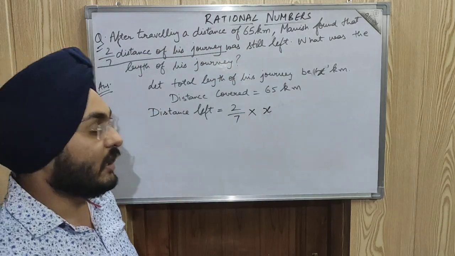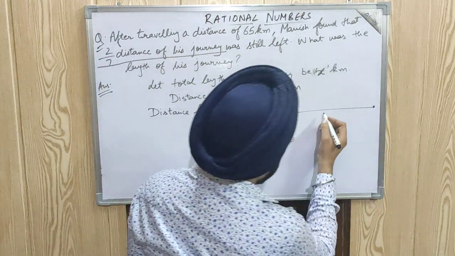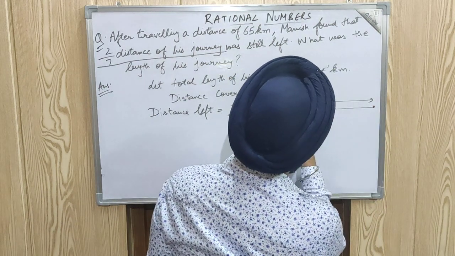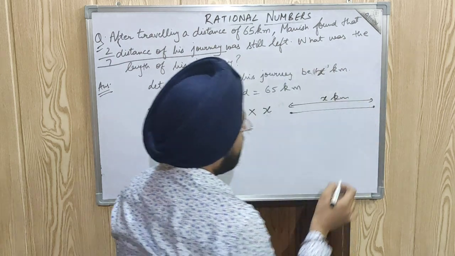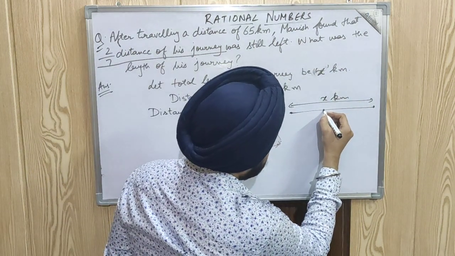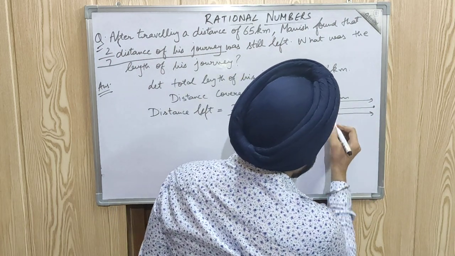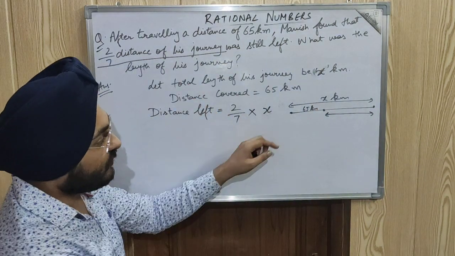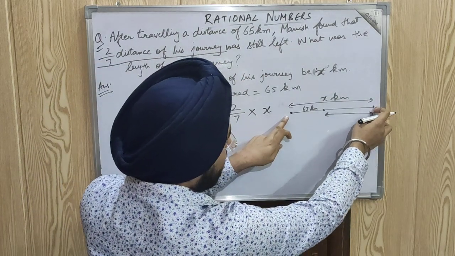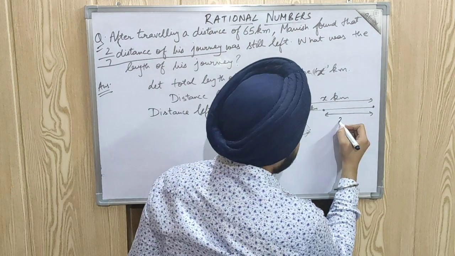His journey is what? X kilometer. Now total. Okay. If I am writing in this way, this one is total journey we are having here, what? X kilometer. From which he has covered 65 kilometer. So what is this remaining distance? This one is what? Total x kilometer. This I have taken, this I have covered 65. So it is left with what?